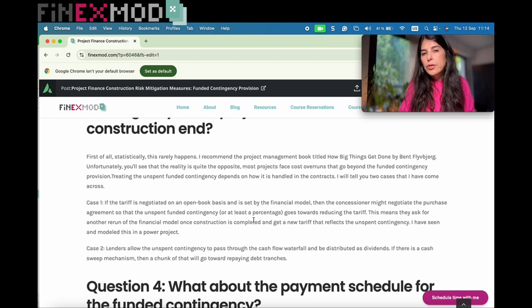I have seen other cases where the lenders allow the unfunded contingency to be distributed as dividends. However, not right at the commercial operation date, not right at the start of operation, but normally 2 years after the commercial operation date, which is sometimes called, if I remember the term correctly, the financial completion date.